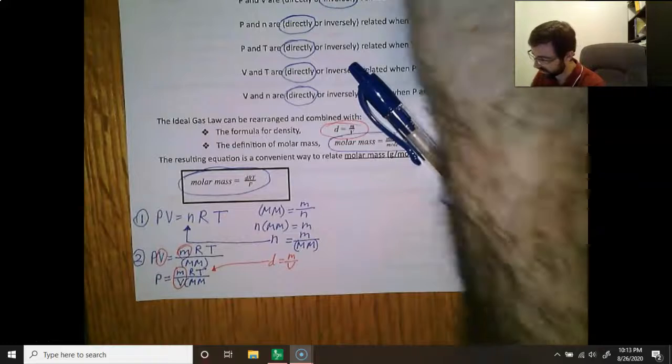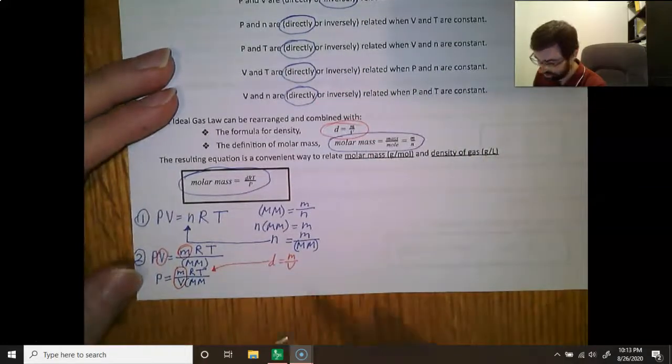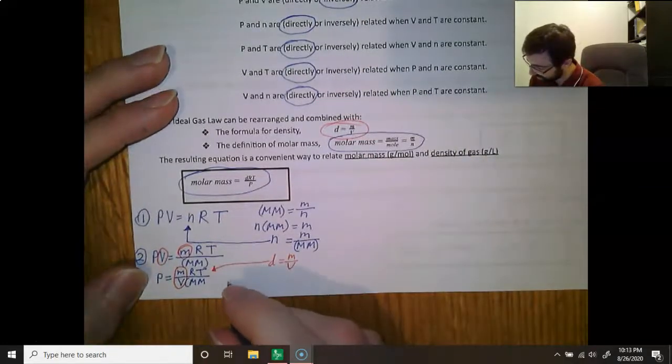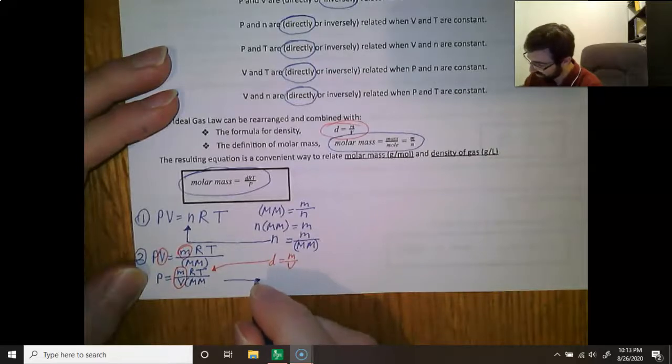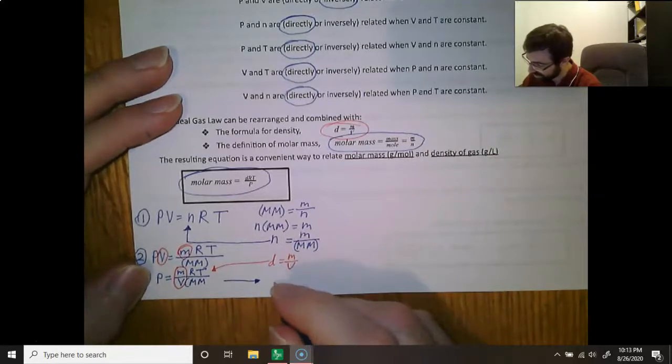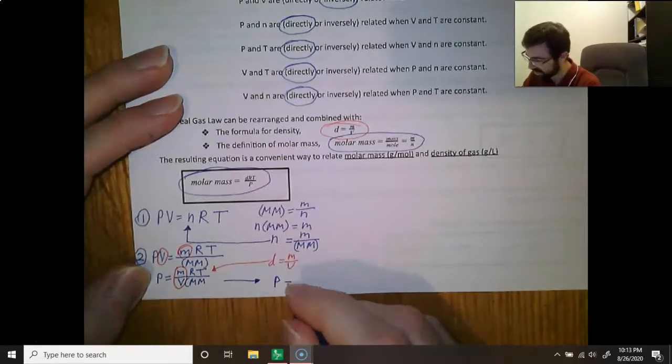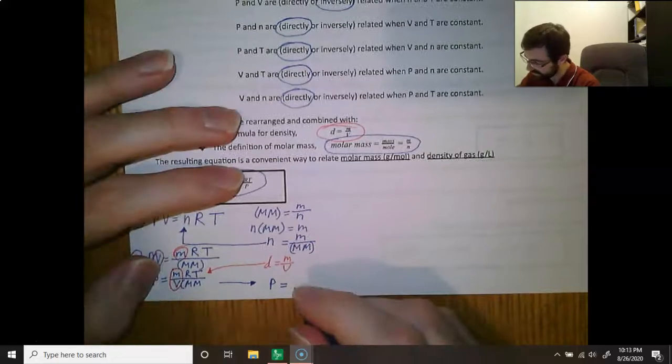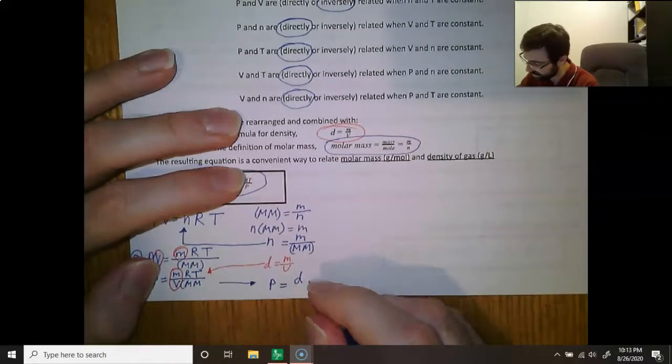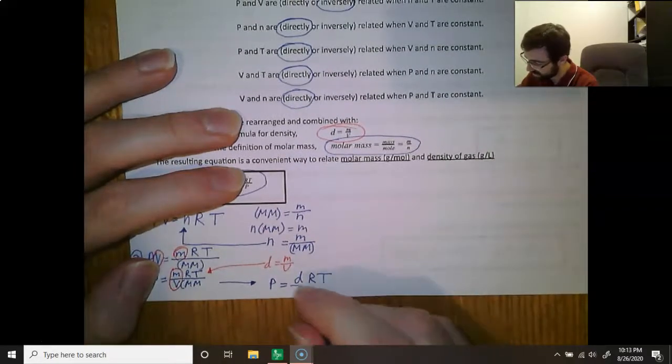I could rewrite this: pressure equals mass over volume, which is density, times RT divided by molar mass.